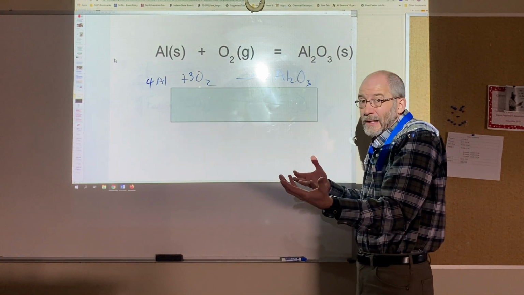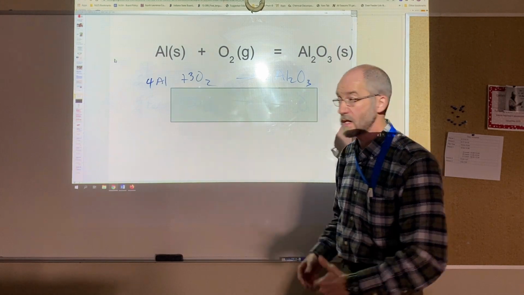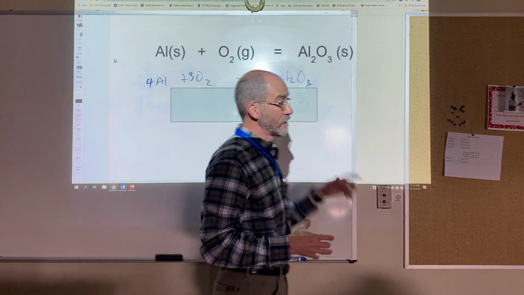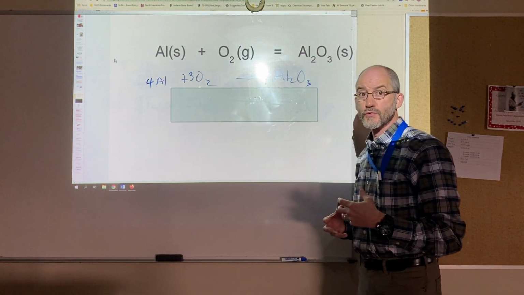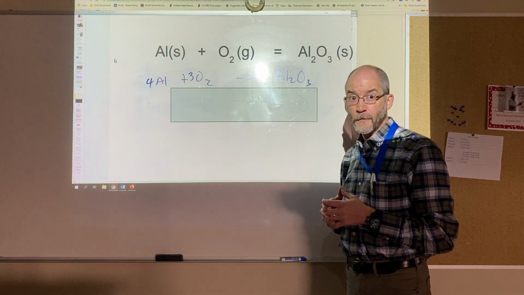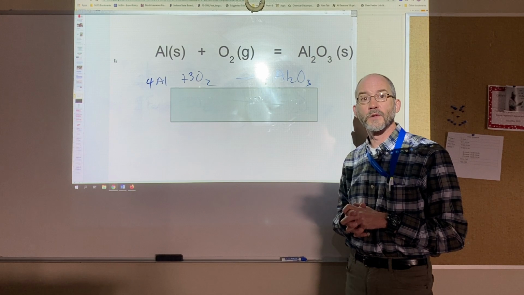And I'm really doing that with the use of coefficients. Yes, you're doing that with the numbers that you're putting in front of the molecules, because you do not have liberty to change the subscripts. The best thing for you to do right now is to jump in and do some practice.